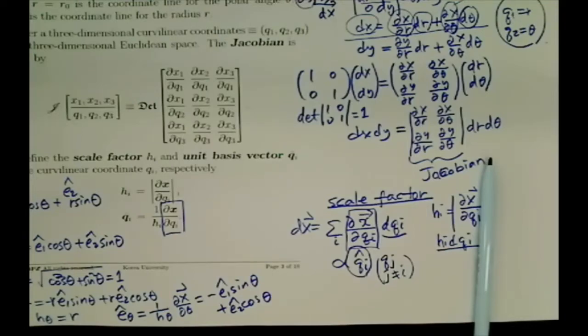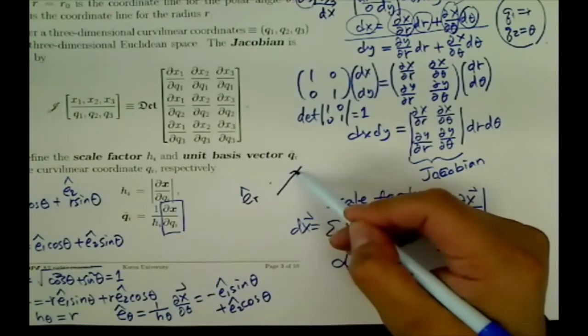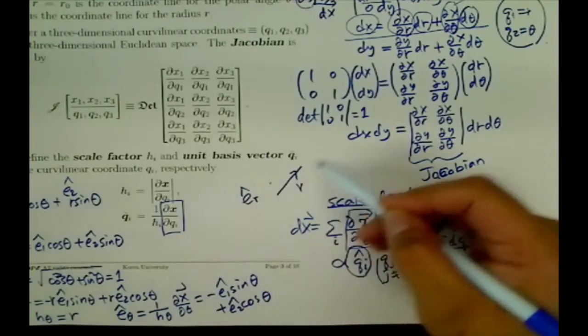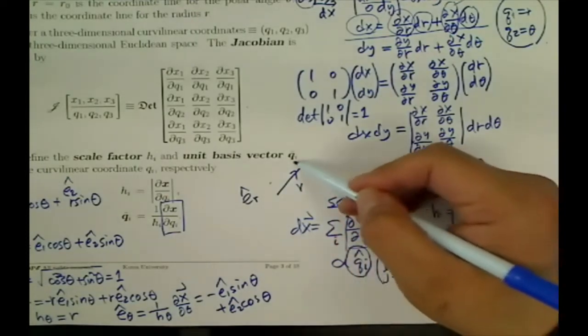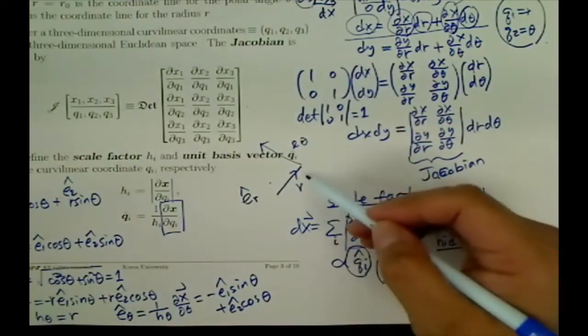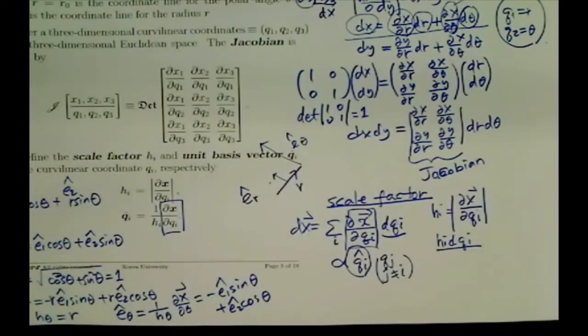For example, the radial direction, e_r hat, is the direction along which r increases. And e theta is the direction along which theta increases.